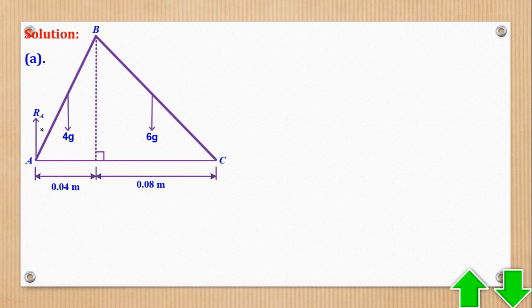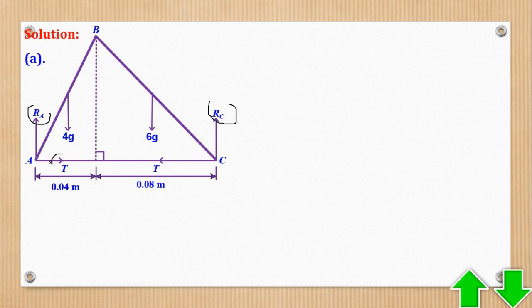Then also, because it was smooth, only normal reaction occurs at A, so that will be RA, and also here only normal reaction occurs, and that will be RC. Then because this string is tight, there will be tension here in this direction and here in that direction.